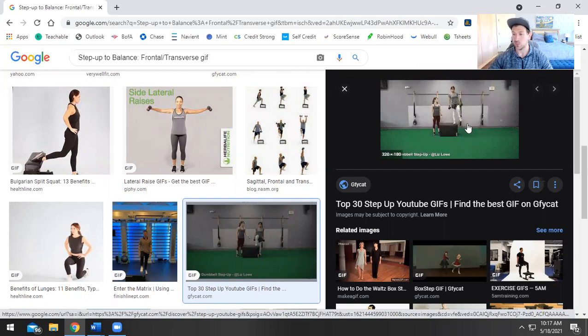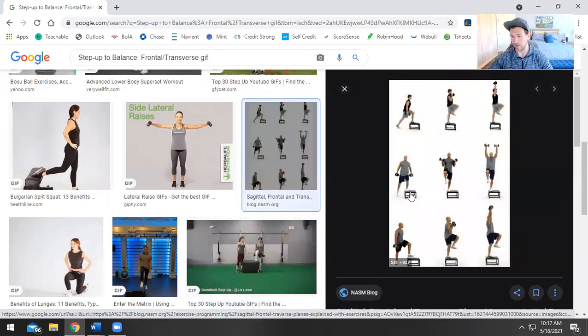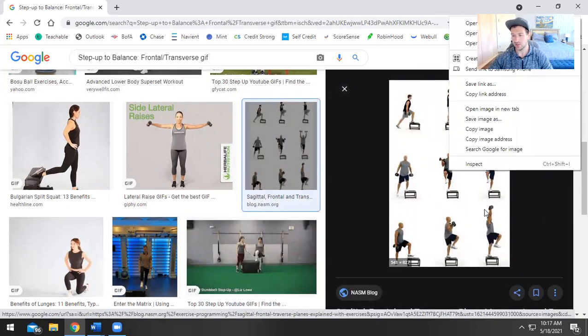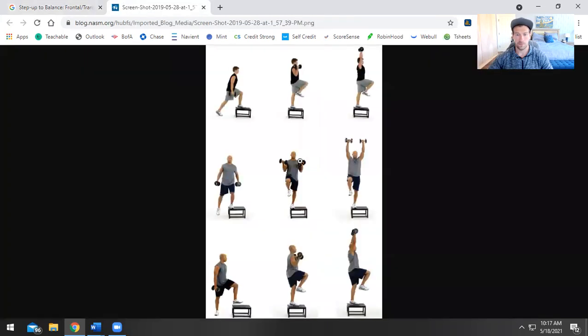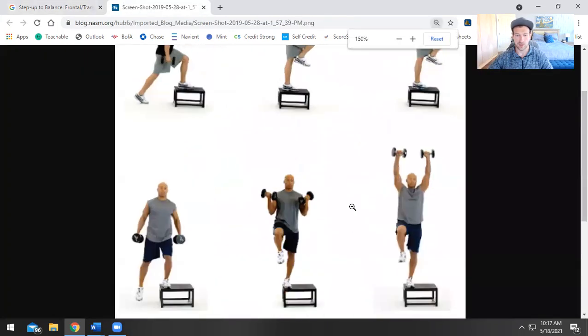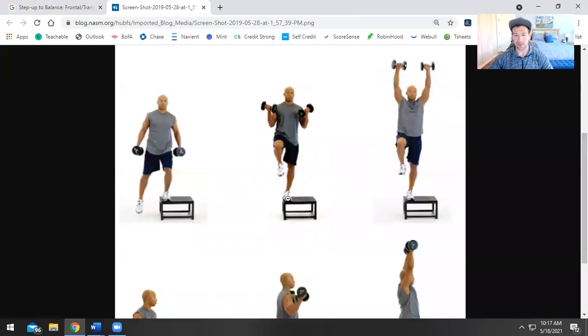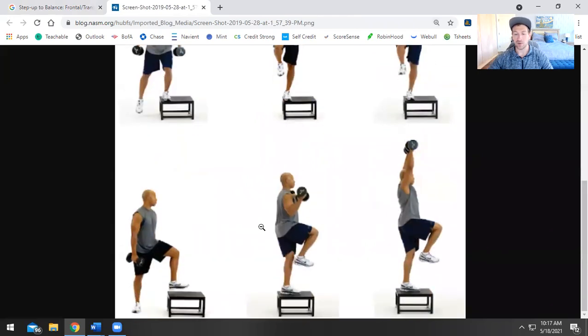So she would face this way, but then she would end facing the opposite direction. You can actually see it here, right? Here's a frontal plane down here in the middle, stepping to the side. And then we see the transverse plane where he's facing this way, but then he turns to end facing the other way.